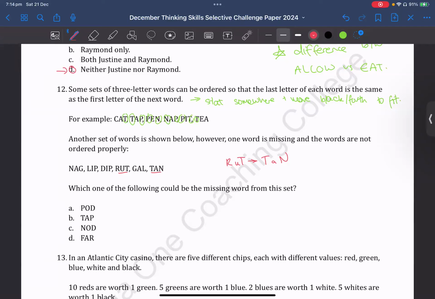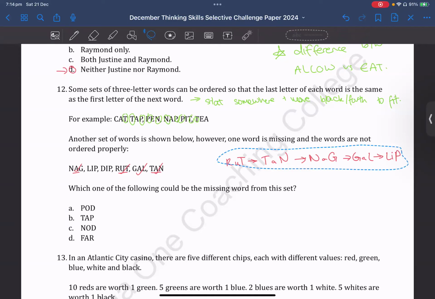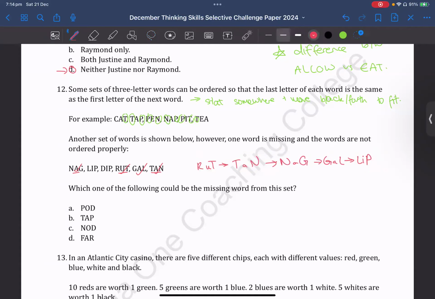So rut and then tan means that nag also works, N-A-G. And then after that, I've got G-A-L. And then I've got L-I-P. I'm just running out of space here, so I'm going to move that backwards. Alrighty.